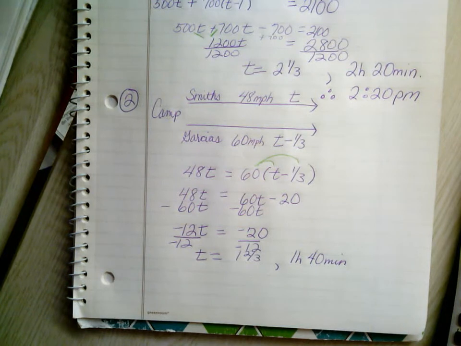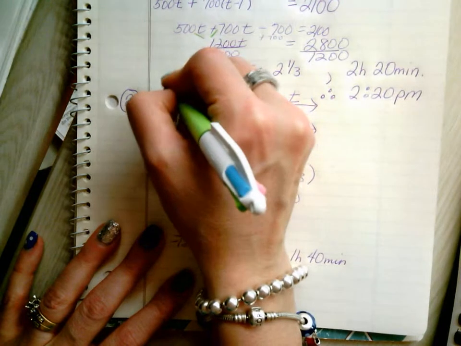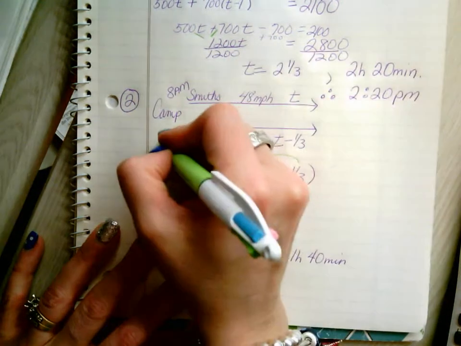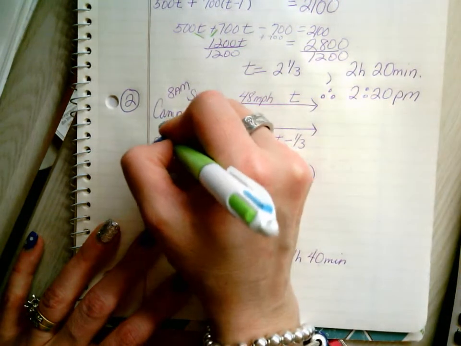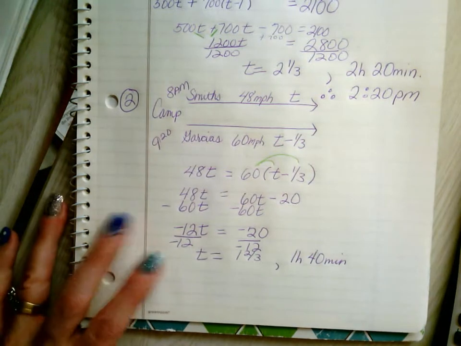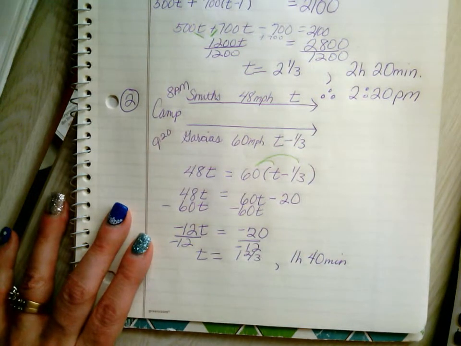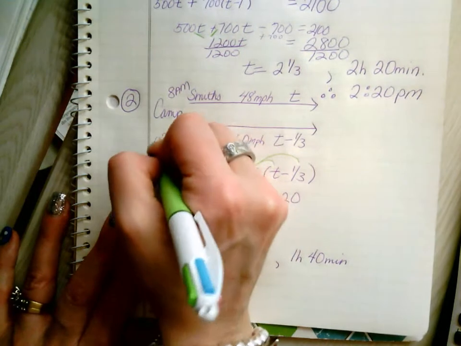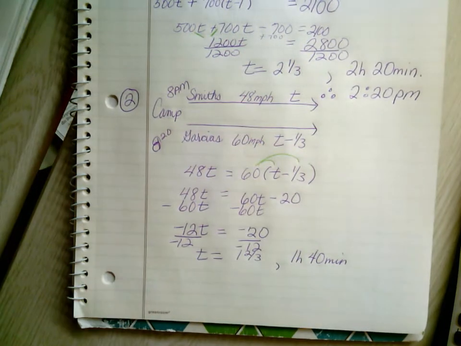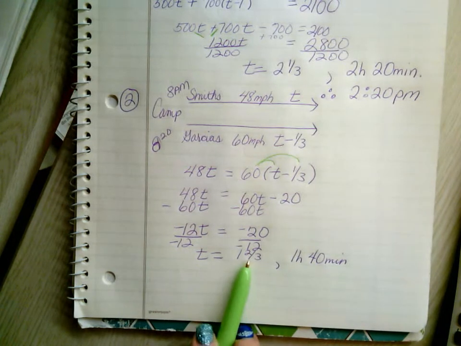Yes. Okay. So if the original adventure started at 8, this is when these guys started. But these guys didn't start till 9:20, right? Their start time is 9:20. Try 8:20. Those guys started at 8:20. 1 2/3?